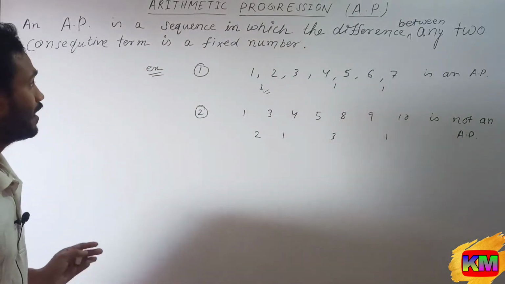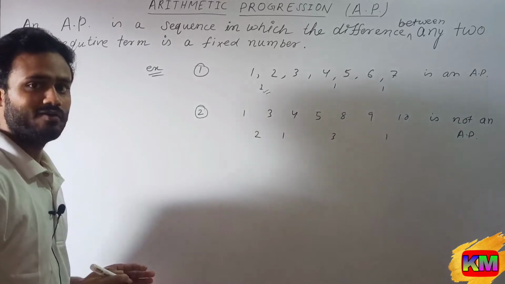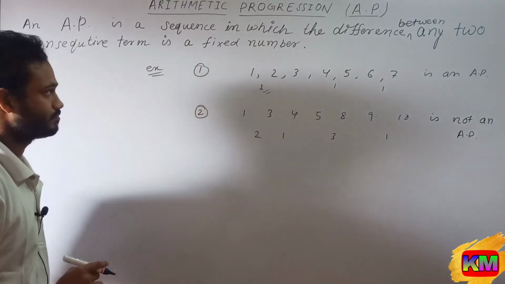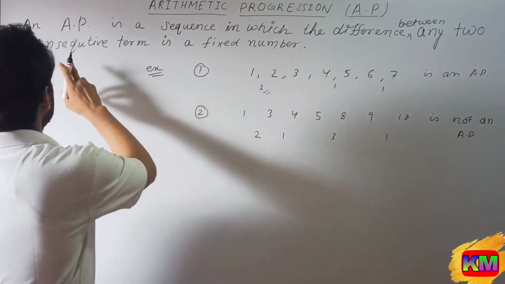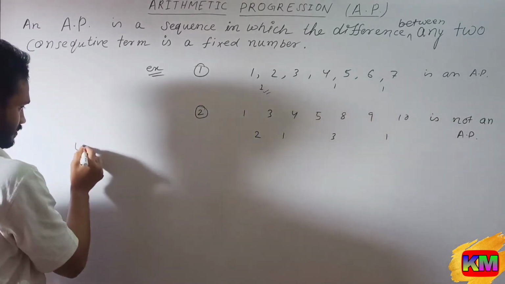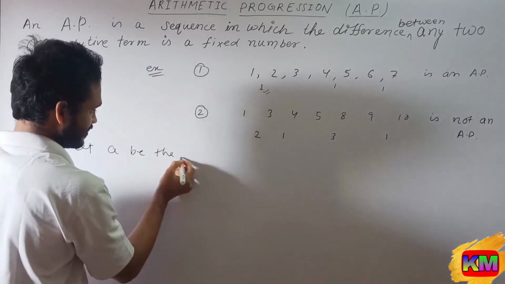Now we want to derive the formula for the nth term of the AP. So let A be the first term.